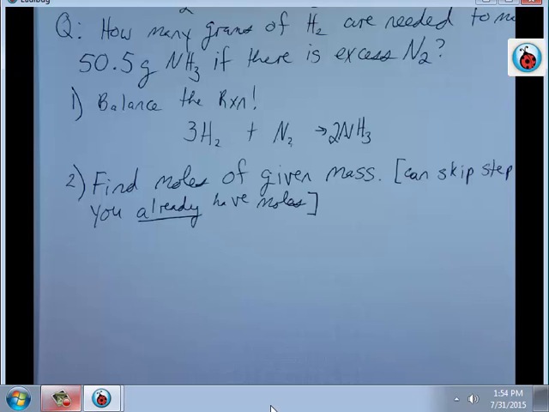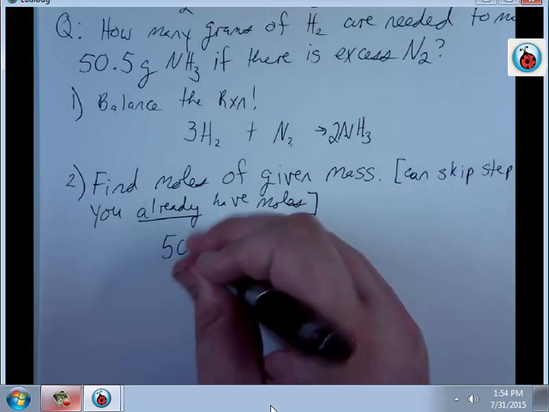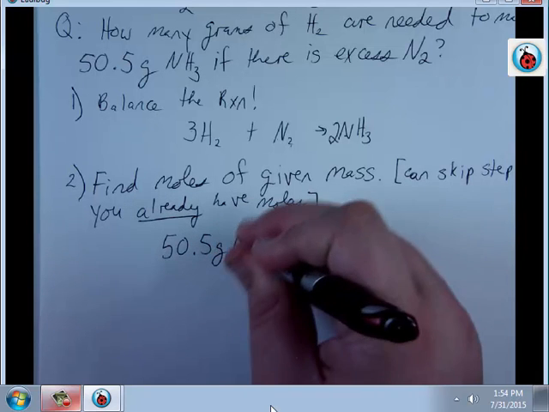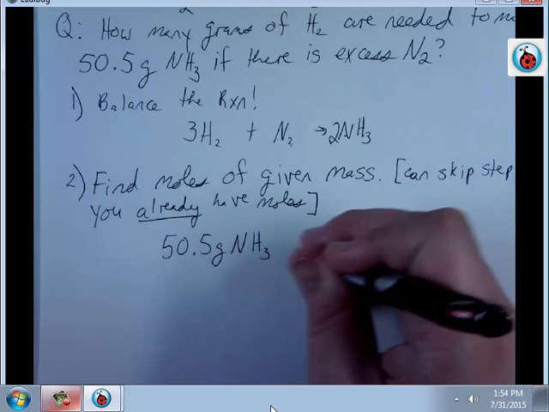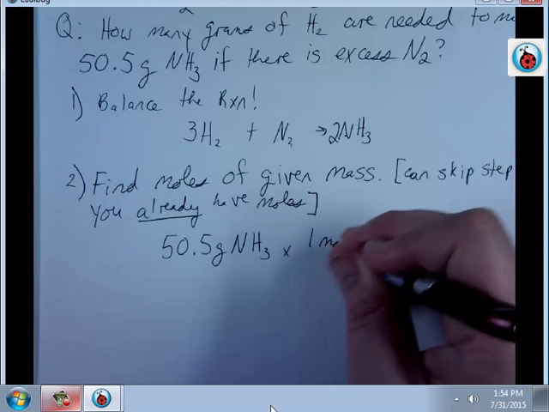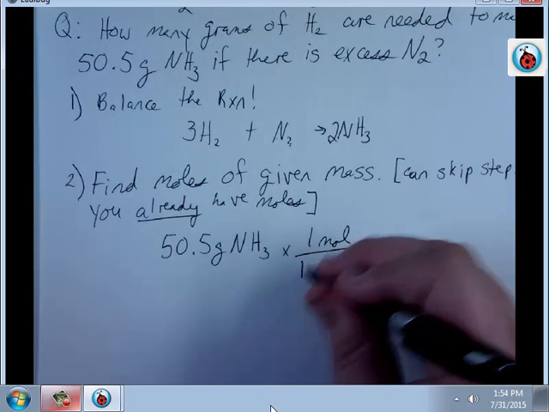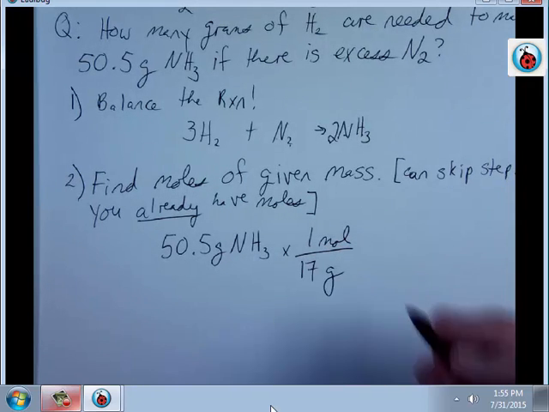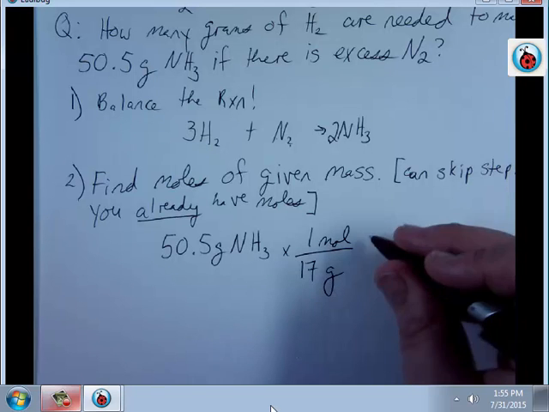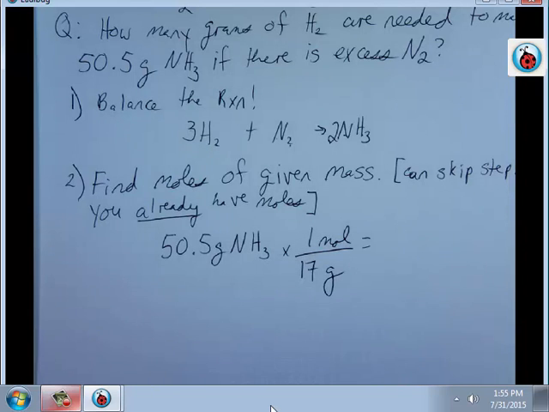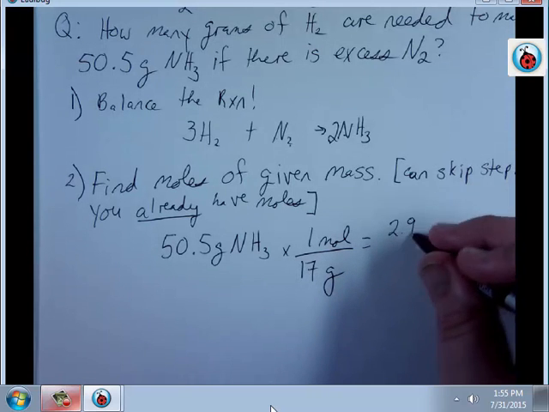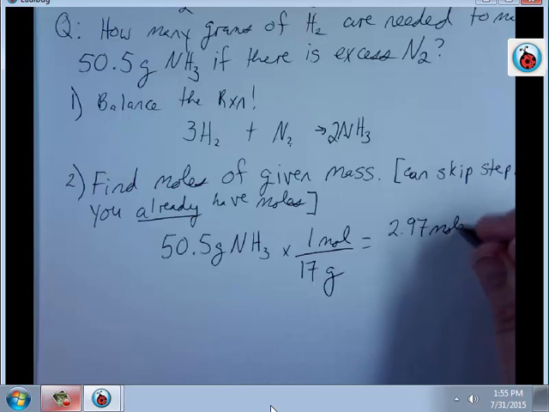So I have 50.5 grams of NH3 times 1 mole over, and for NH3 it's about 17 grams. And that gives us 2.97 moles NH3.